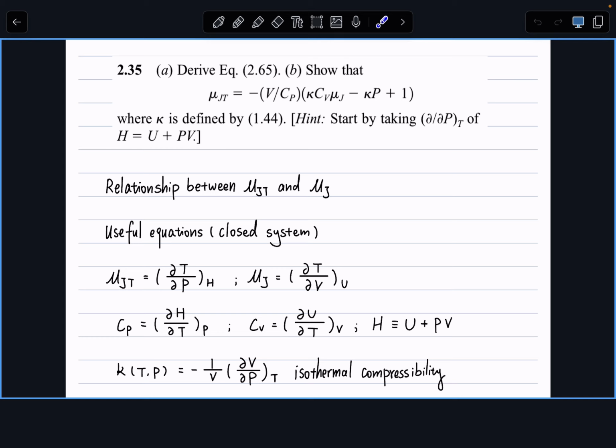On the left-hand side, we know that V kappa equals this negative dV over dP at constant T. On the right-hand side, we have these two partial differentials, where Cv mu J comes out to be my dU over dV at constant T. Now, because these two partial differentials are both at constant temperature, my dV and dV can cancel out. So the negatives go away. Yes, negatives go away, dV cancels, yes.